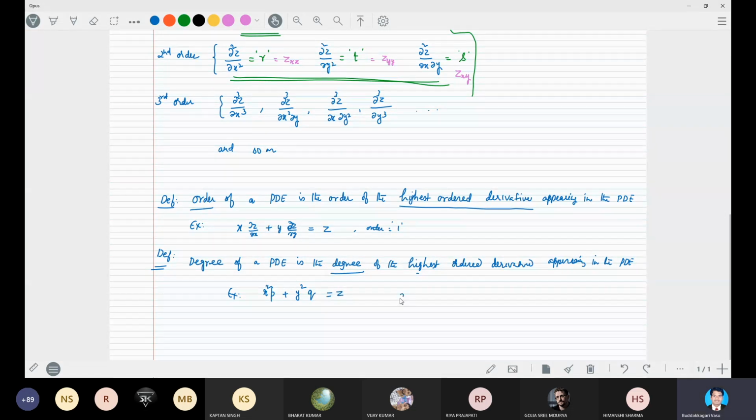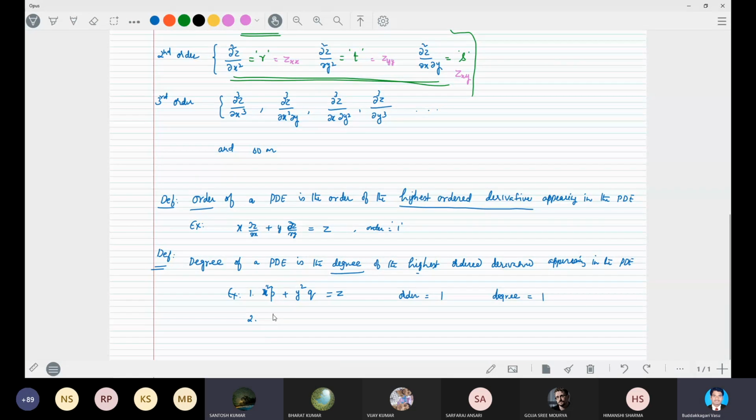What is the order and what is the degree? First order and first degree. Where p means p is dou z by dou x, keep that in mind.